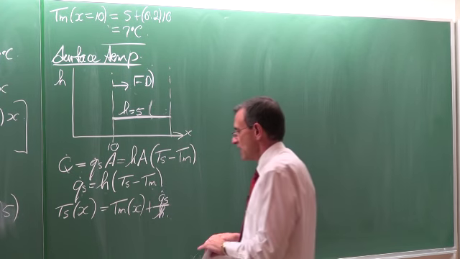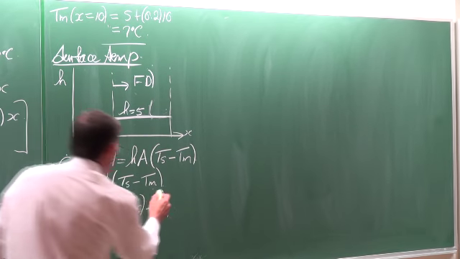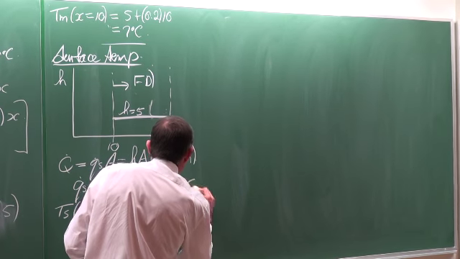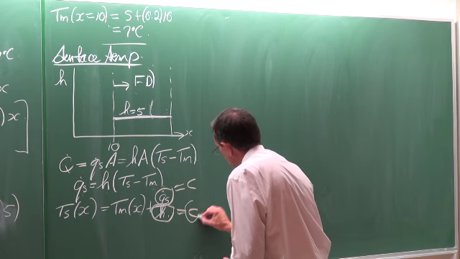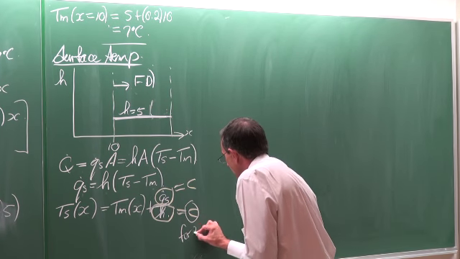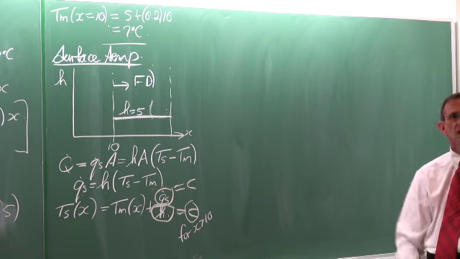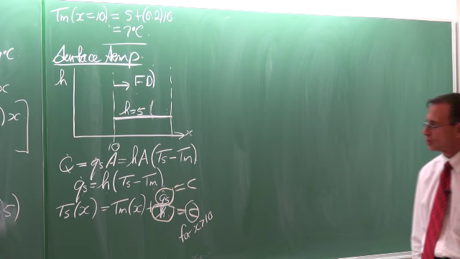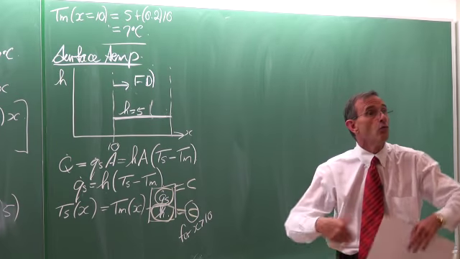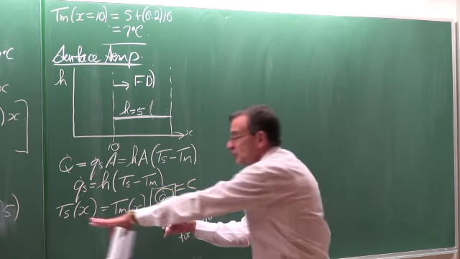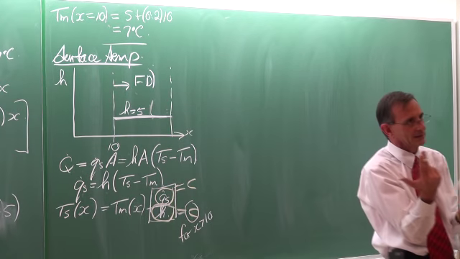Okay, so if we look at this equation, then very importantly, this is a constant, and that is a constant, for x larger than 10. For larger than 10 meters, then the heat transfer coefficient is a constant. So everything there is a constant, and it therefore means that the surface temperature is equal to the fluid temperature plus a constant.